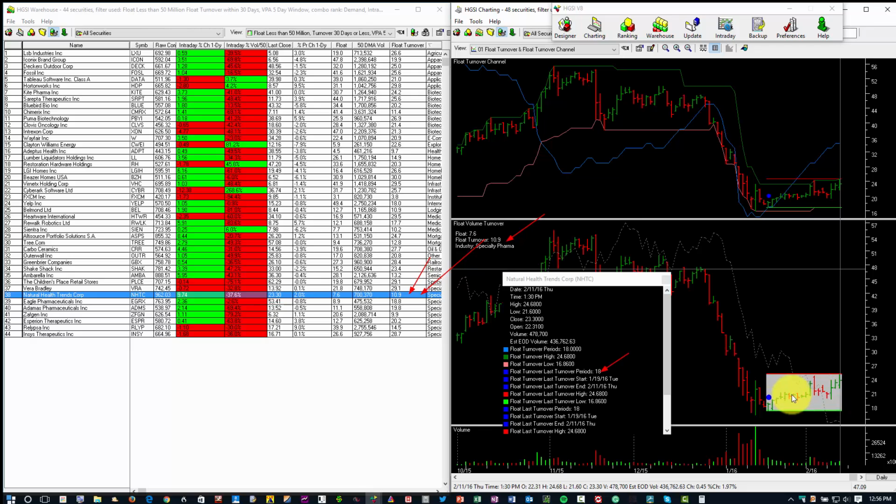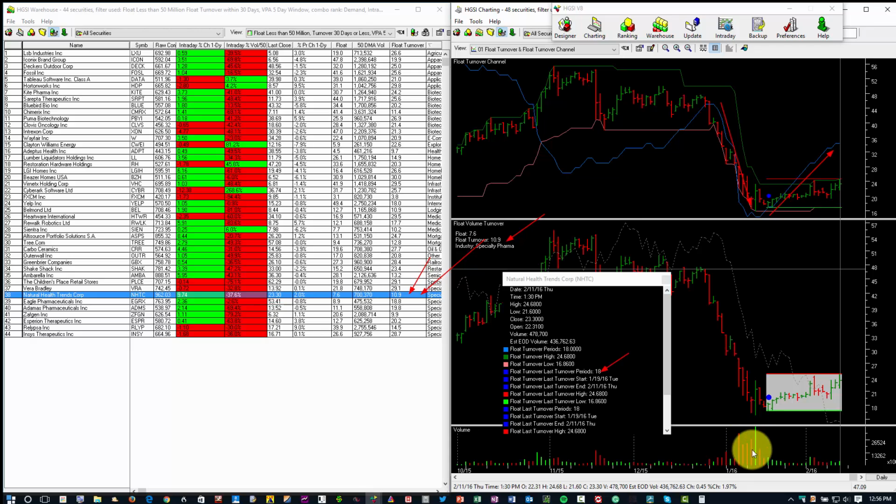So this current float area right here, with the amount of volume, it took 18 days for the float to turn over. Now the volume had subsided considerably. And how can I tell that? Because I look up here and I see that this blue line is moving up. During this period, when the volume was increasing dramatically, this blue line was moving down.